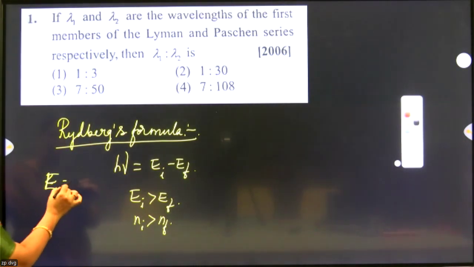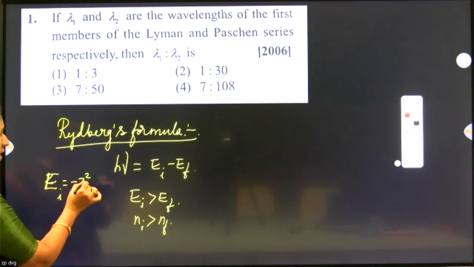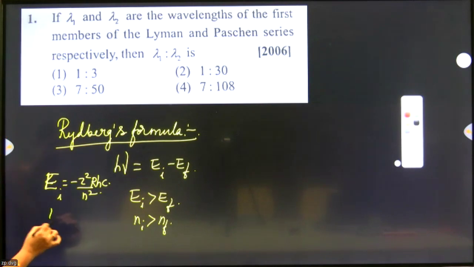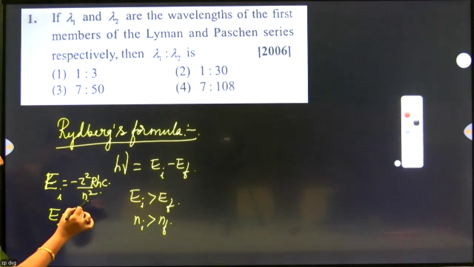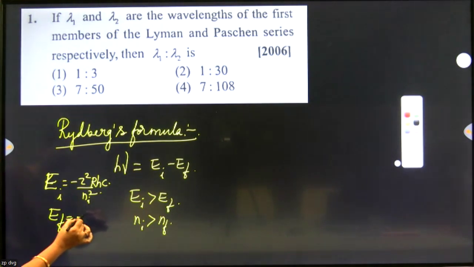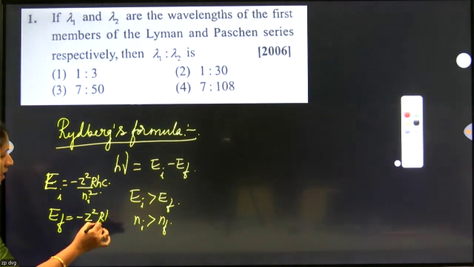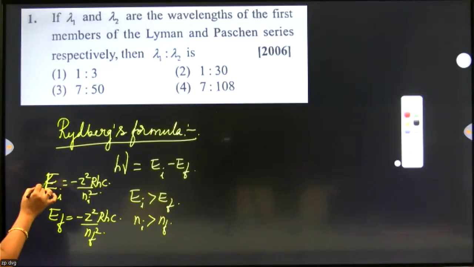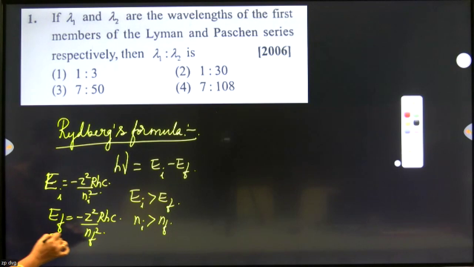Ei is equal to minus Z square R hc by ni square, and Ef is equal to minus Z square R hc by nf square. This is the initial energy, this is the final energy state.